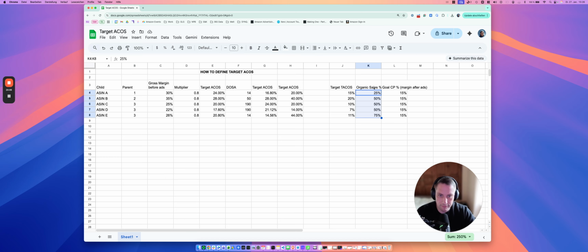The difference is the amount of organic that you're already having, right? The more organic you have, the more you can actually invest. And you see here, because of a low amount of organic sales, just 25%, the same goal contribution margin on all of them, but I need to go on a lower target ACOS compared to the initial one, just because of the low organic sales.